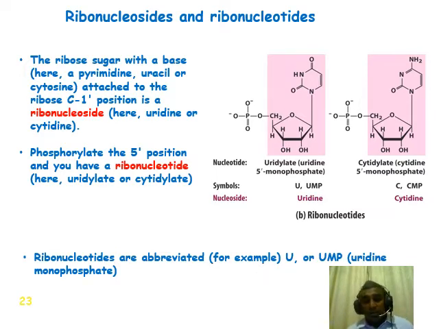If it's taken out, then it is referred to as a ribonucleoside. Then when you add the phosphate, it is referred to as a ribonucleotide. And in terms of how it's abbreviated, it could be as simple as U or UMP. Surprisingly, not the Universiti Malaysia Pahang, but UMP as in uridine monophosphate.